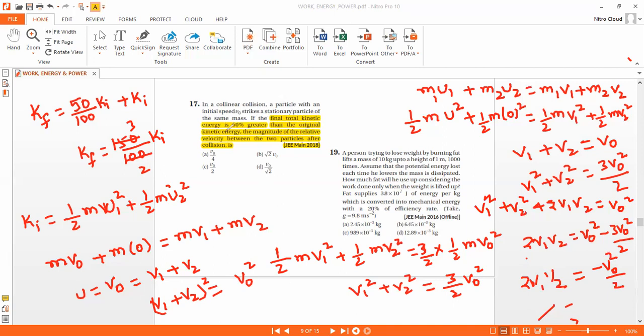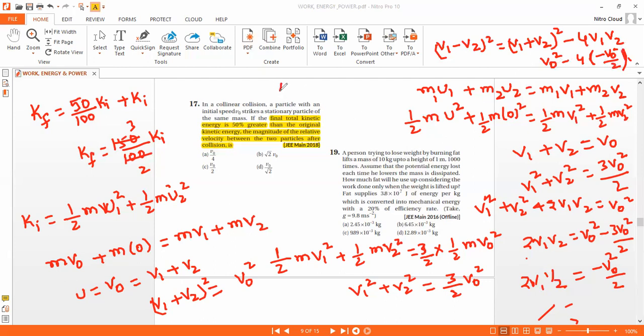So here I can write v1 minus v2 whole square equal to v1 plus v2 whole square minus 4 v1 v2. That is v naught square minus 4 into minus v naught square by 2, that is 3 v naught.